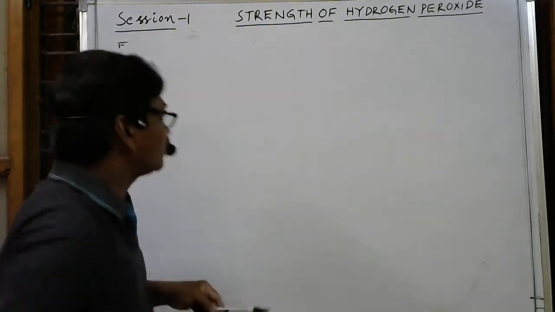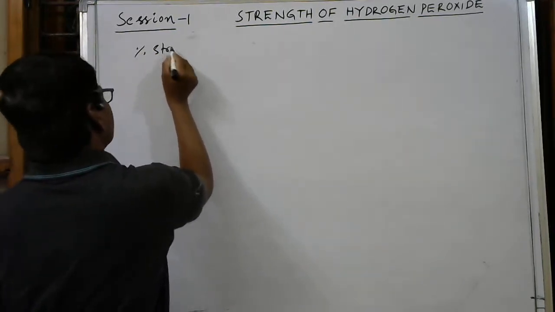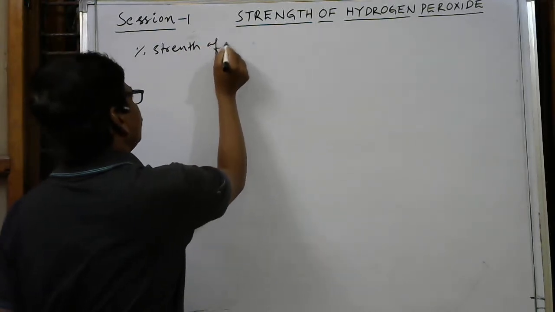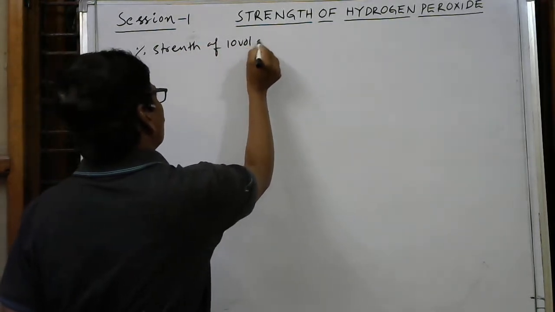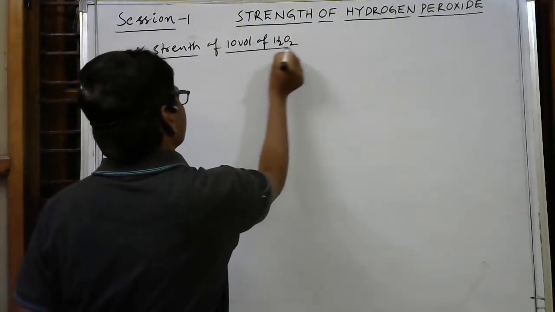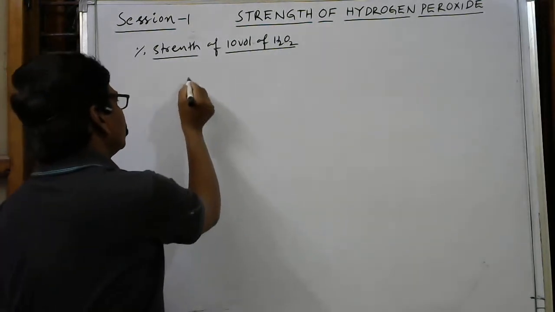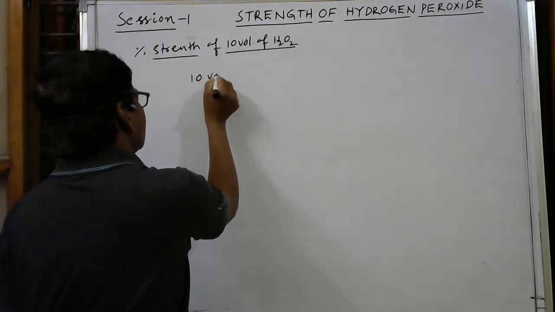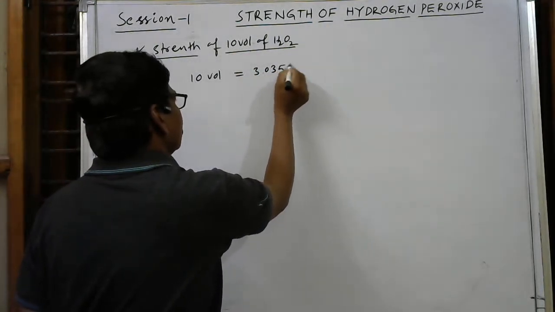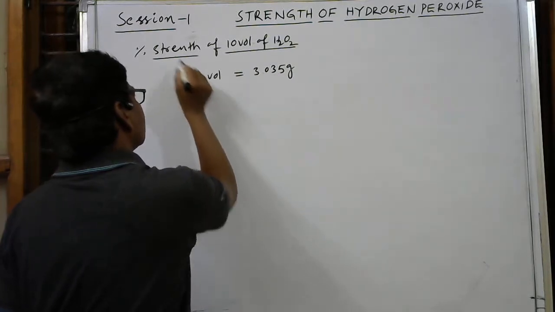Now you have got the percentage strength of 10 volumes of H2O2. This is the reference, and by using this we can convert it into other values. For 10 volumes, it is 3.035 grams.